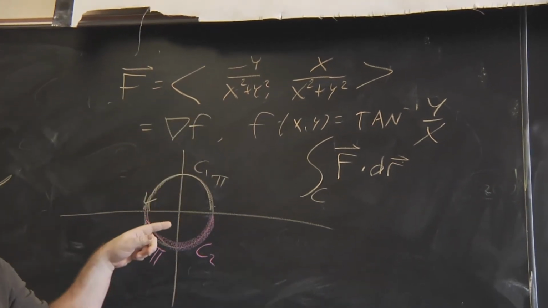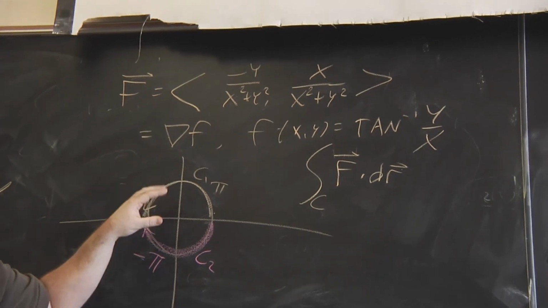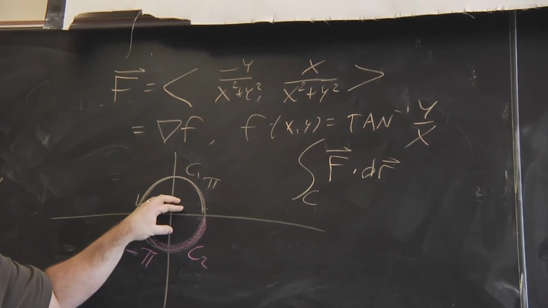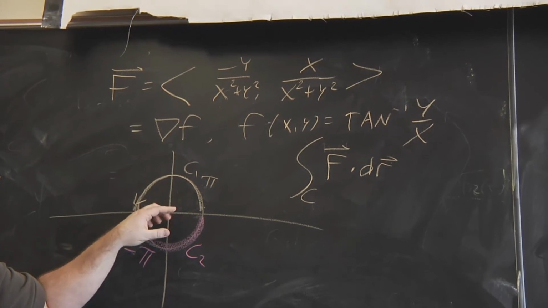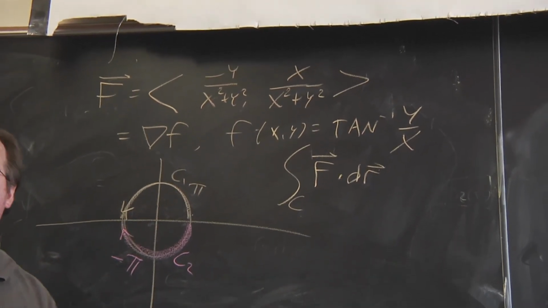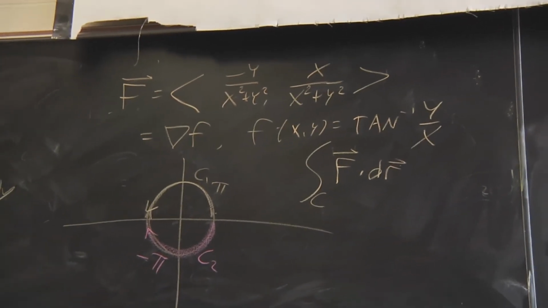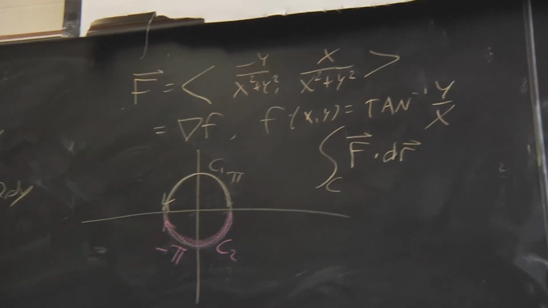Big F has to be the gradient of little f everywhere in the region that's being enclosed. It fails at this one and only one point, and that brings everything to a screeching halt.